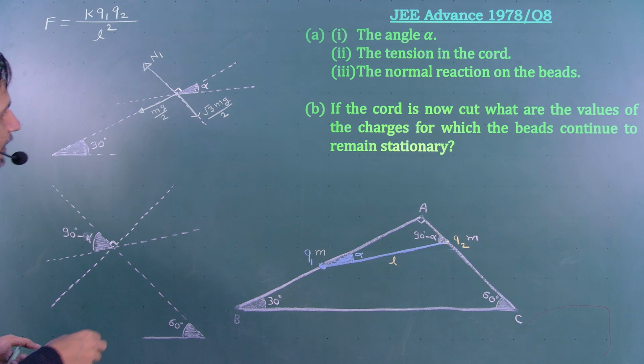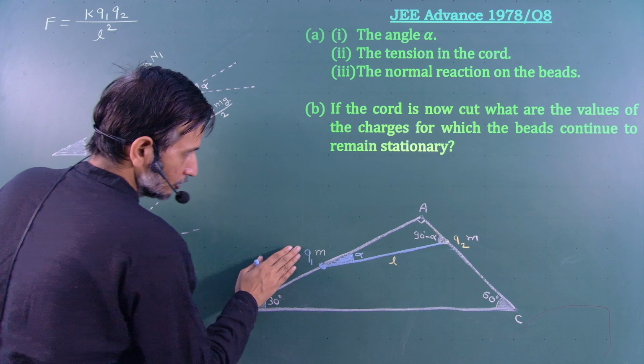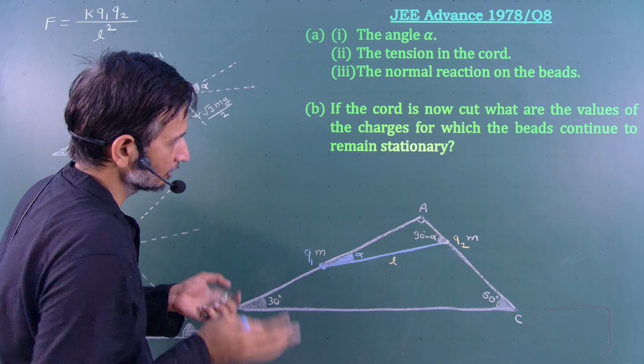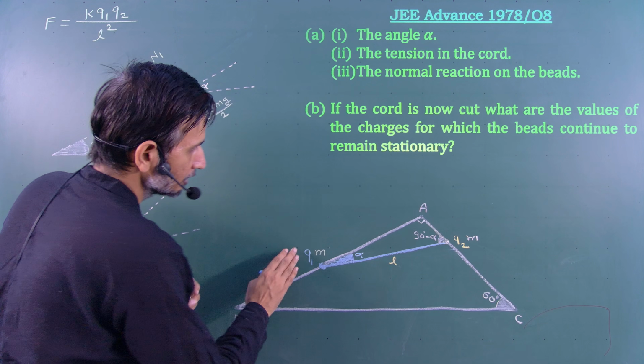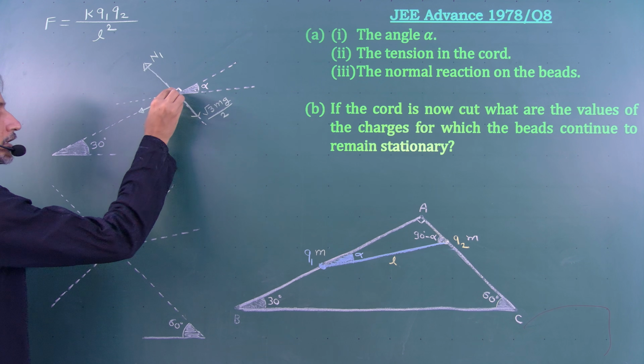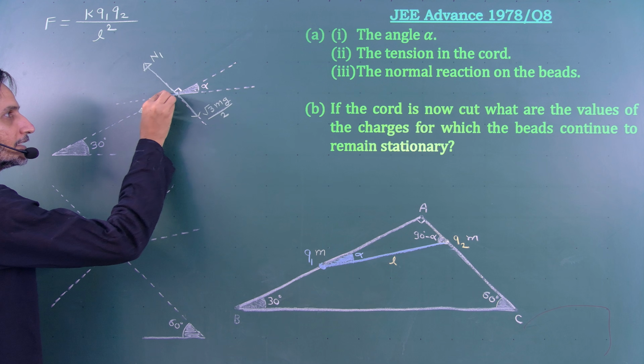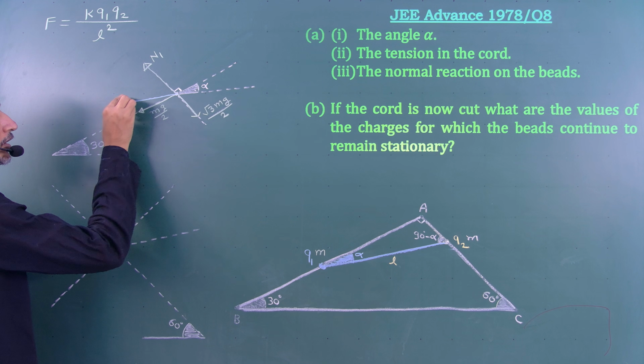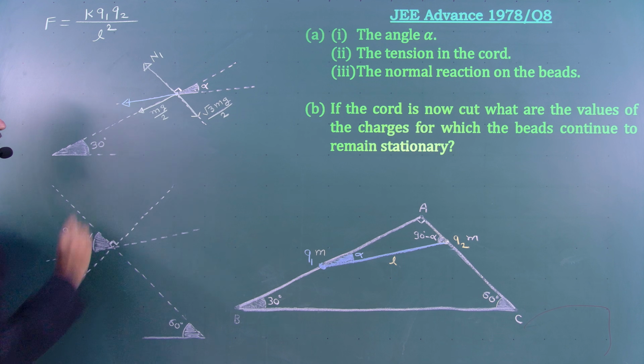It is not given whether Q1 and Q2 have the same nature or opposite nature, so I assume that both have the same nature. So the force is repulsive in nature and acts along the cord. This is the electrostatic force.